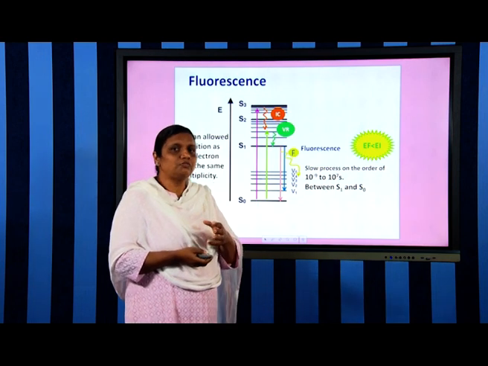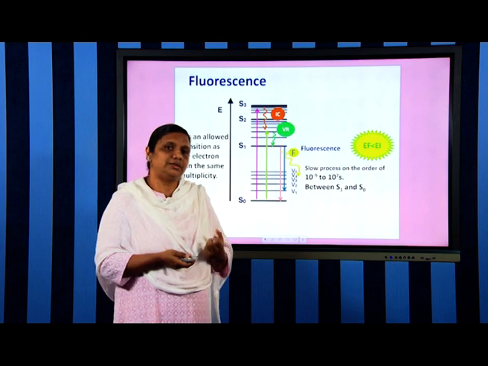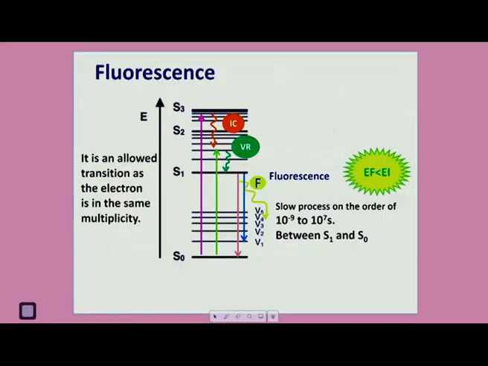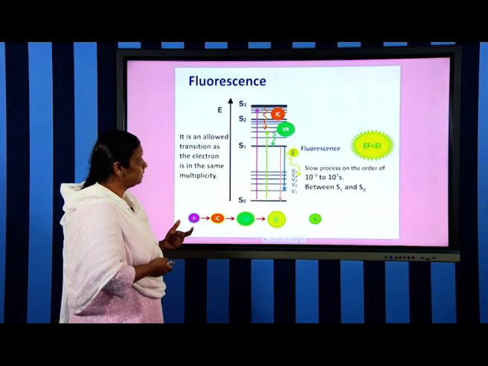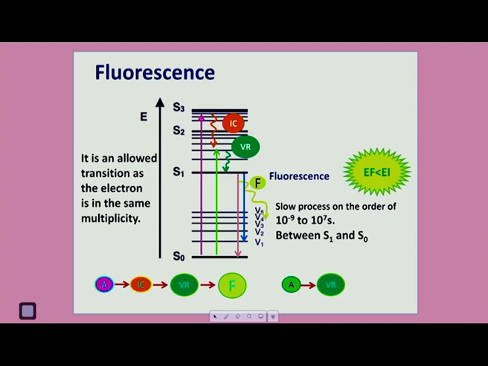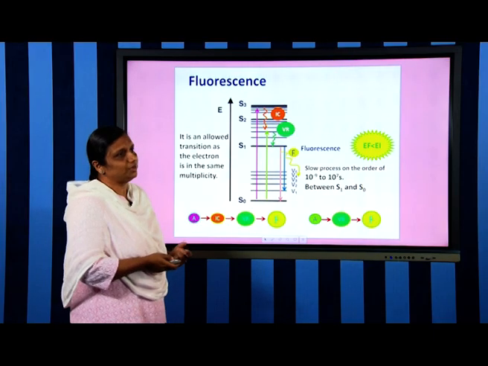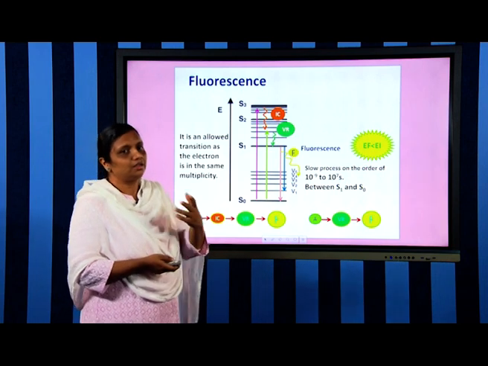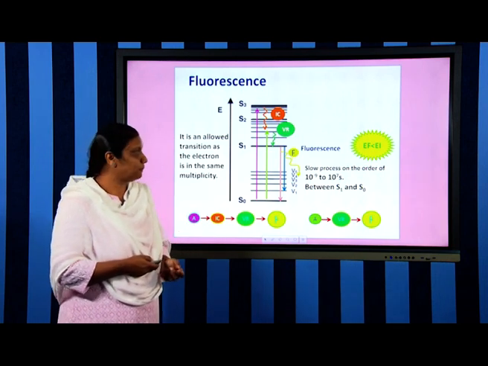So, the energy of the fluorescing radiation will be less than the energy of the incident radiation. All right. So, we can show fluorescence as absorption, then internal conversion, then vibrational relaxation, then fluorescence, or absorption, then vibrational relaxation, and then finally fluorescence. These are the two pathways by which we can explain fluorescence.